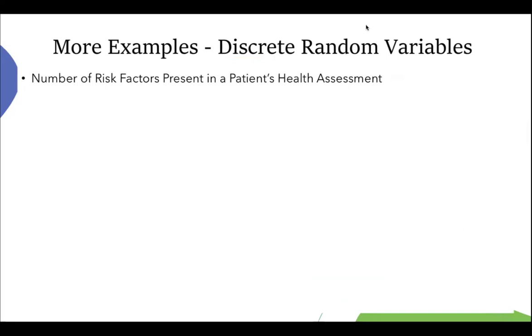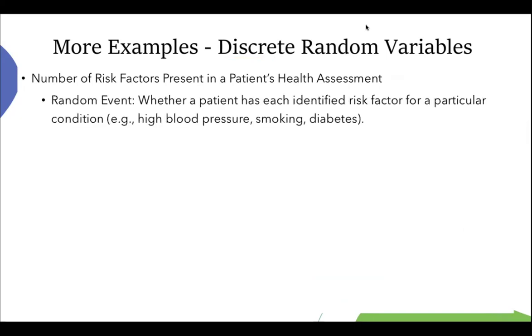Couple more examples. The number of risk factors present in a patient's health assessment. The random event is whether a patient has each identified risk factor for a particular condition. So here there's 3 risk factors: high blood pressure, smoking, diabetes. The person could have all 3 risk factors or none of those risk factors.